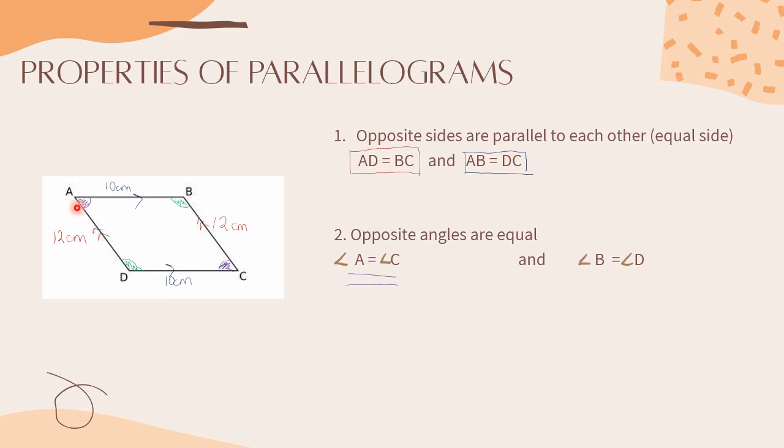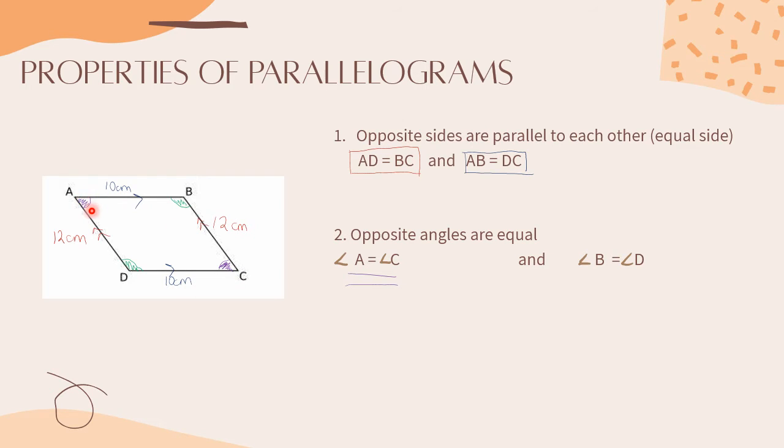So far, the two properties of a parallelogram are: opposite sides are parallel and they are equal. So if AD is 12 centimeter, then BC is 12 centimeter. If AB is 10 centimeter, then DC is 10 centimeter because they are parallel, so they have equal sides. And the second property of a parallelogram is opposite angles are equal.